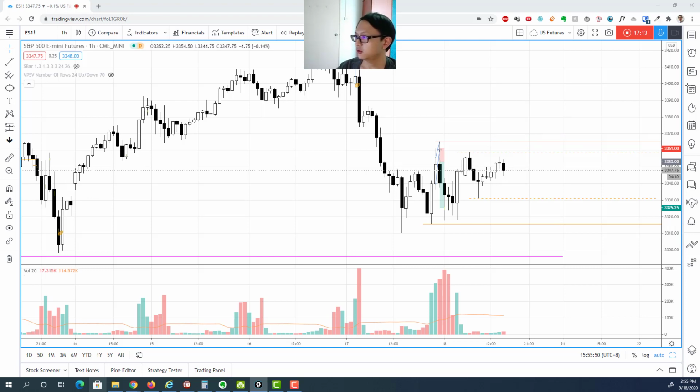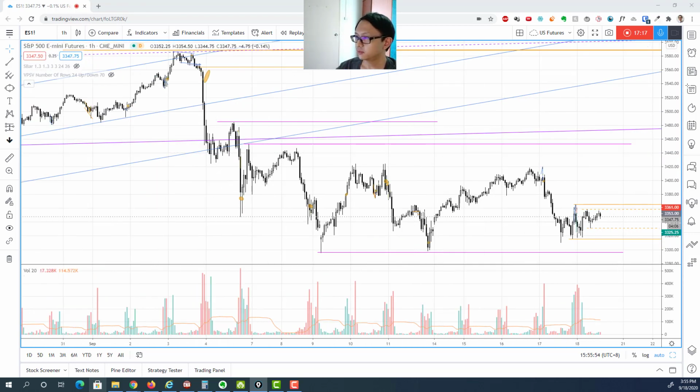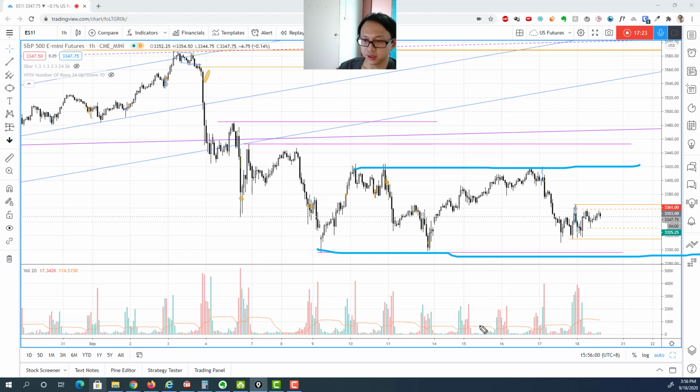Overall I think we are still within this big trading range. In the past few days, although we had a rally, it was relatively weak and couldn't overcome the immediate resistance level at 3420. You can see there's relatively low volume as well.